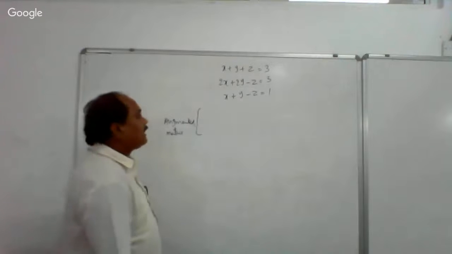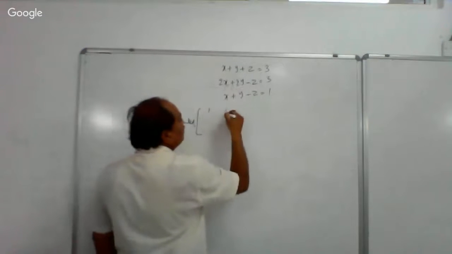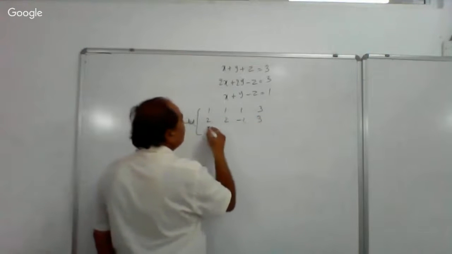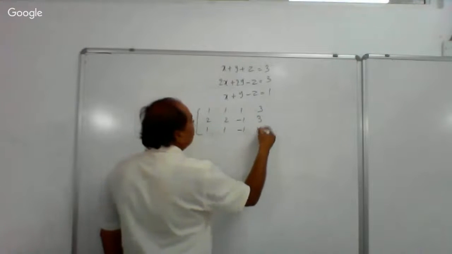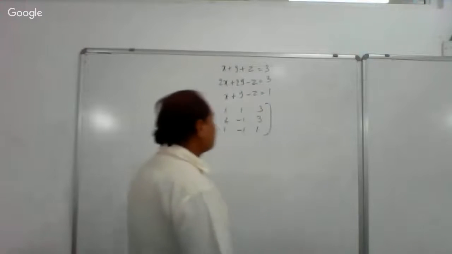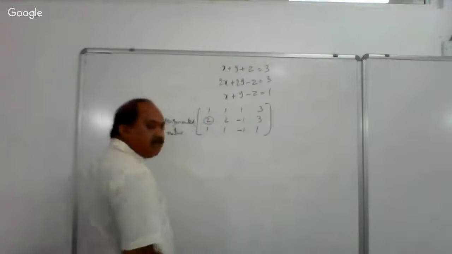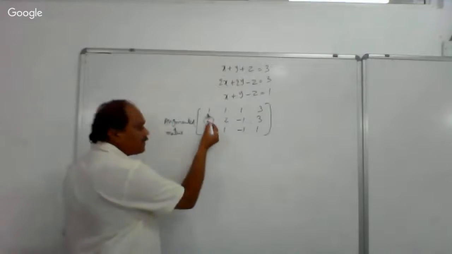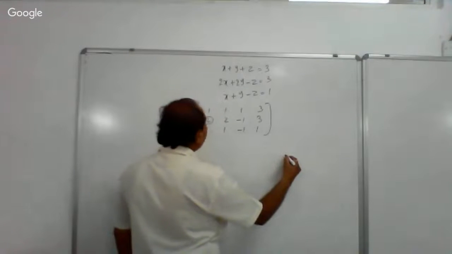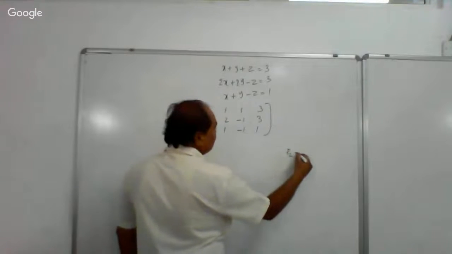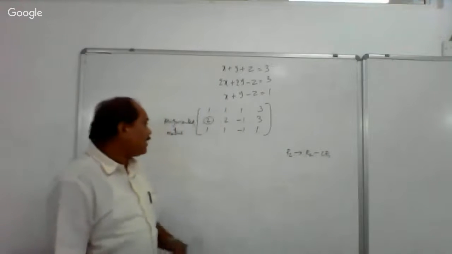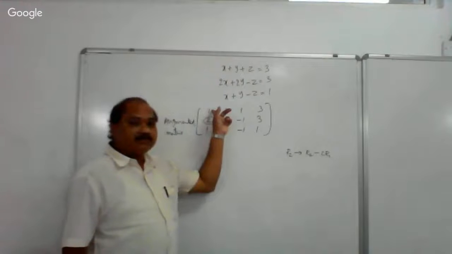Now here the augmented matrix is [1, 1, 1, 3; 2, 2, -1, 3; 1, 1, -1, 1]. Again, first of all, your target is to make 0 here by using R1, by applying R2 minus 2R1.